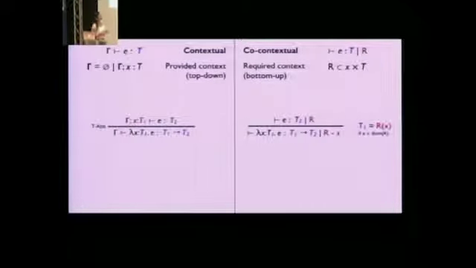For example, let's consider a simple type rule, the abstraction rule. In this rule, because it is typed lambda calculus, X is annotated with the type T1, and the expression E is type checked under the extended context with this bound variable X. The corresponding co-contextual version of this type rule type checks the expression E, which gives a resulting set of requirements.